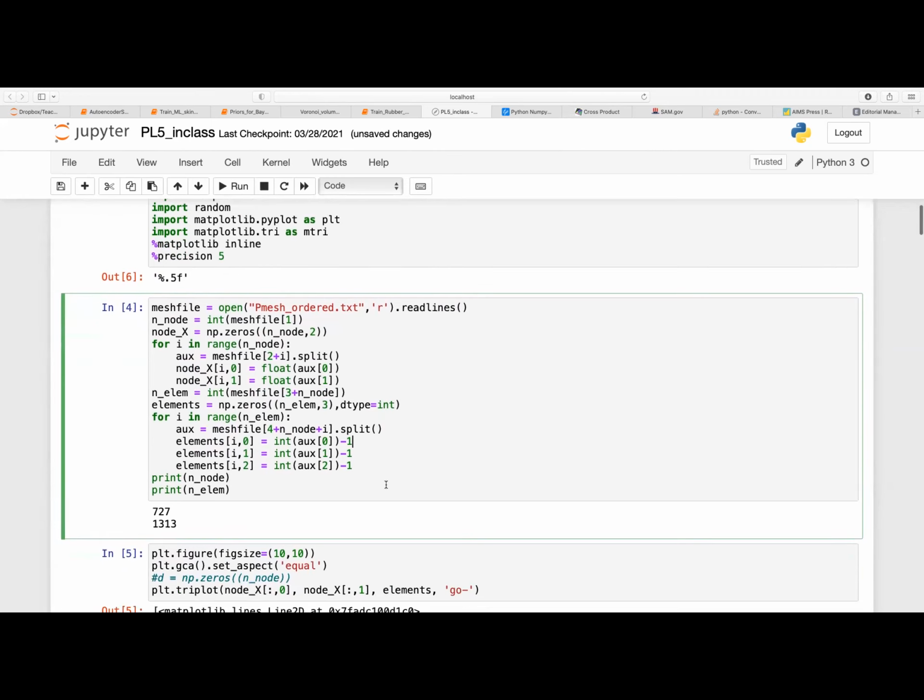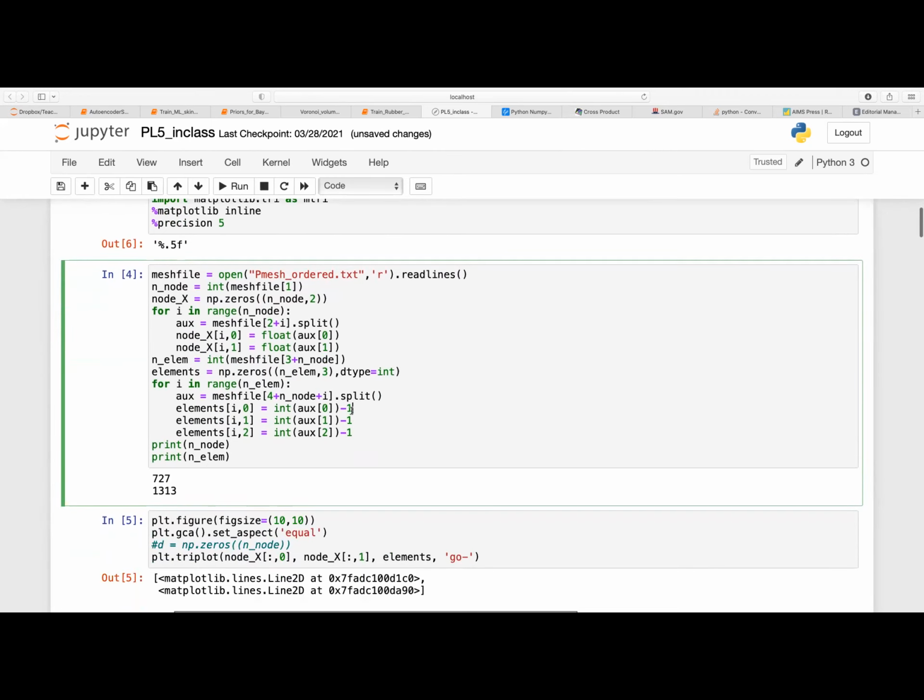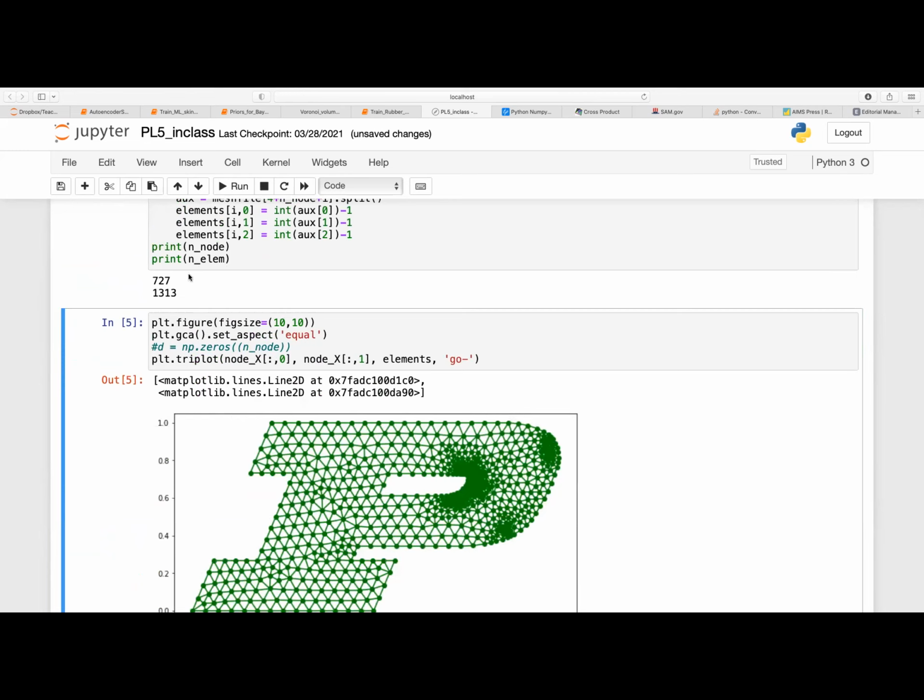So if you do those 2 changes, PMesh order and then subtract -1 here, then it should load. It has 727 nodes and 1,300 elements. And then hopefully this works.